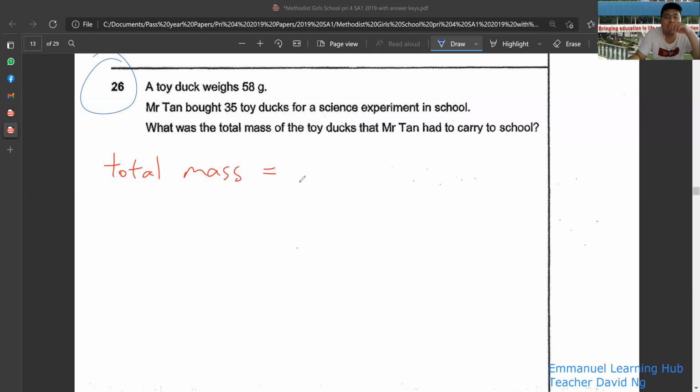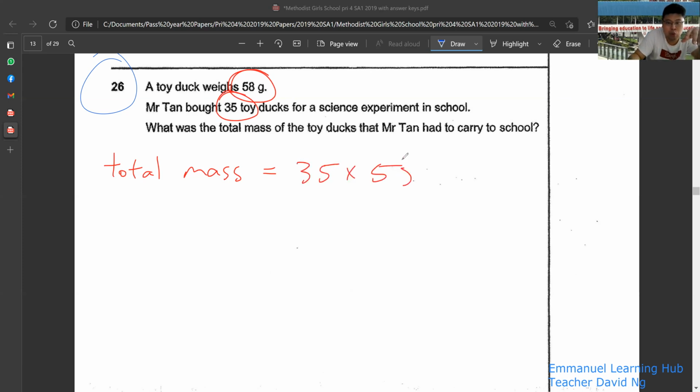Each toy duck weighs how heavy? 58 grams. How many toy ducks did he buy? 35 toy ducks. So what's the total mass? 35 times 58. Precisely.